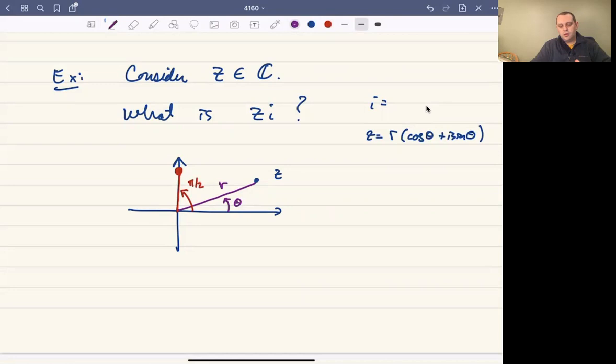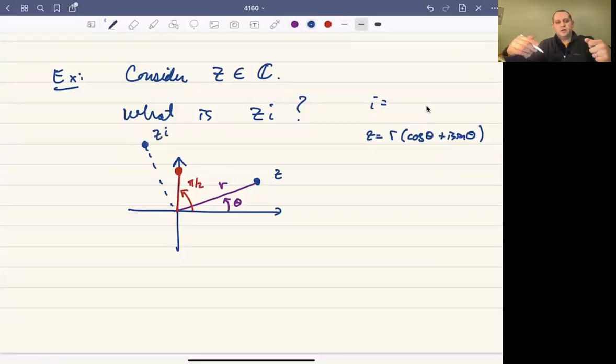So multiplying a complex number by i is going to take that complex number in the plane and rotate it by 90 degrees. So you're going to take this value and rotate it. If this is z, then this is zi.